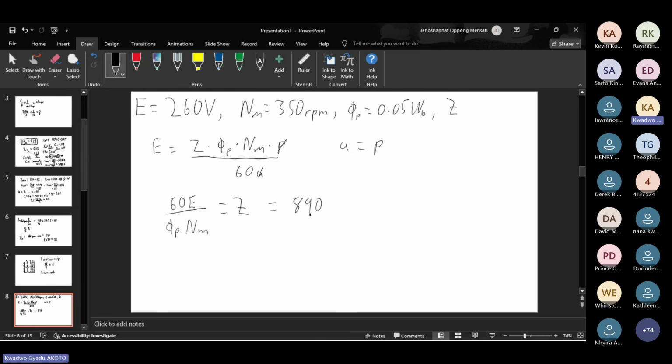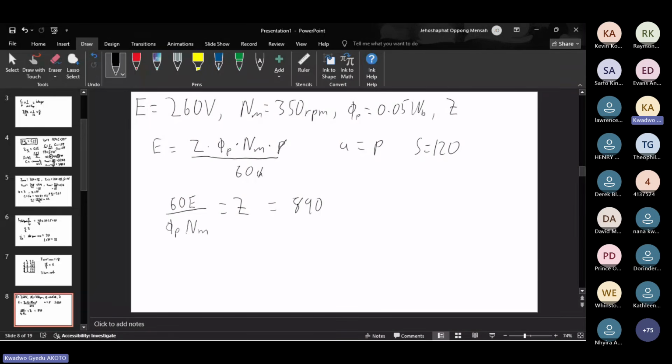Are we okay? Okay. And then we know that we were also given the number of slots S to be equal to 120, right? And then the question says, find a suitable number of conductors per slot and the corresponding useful flux per pole.